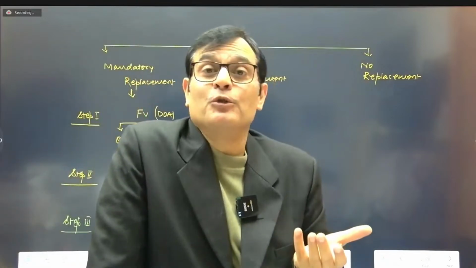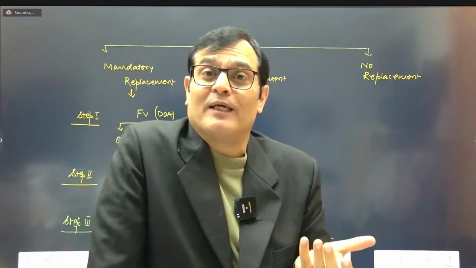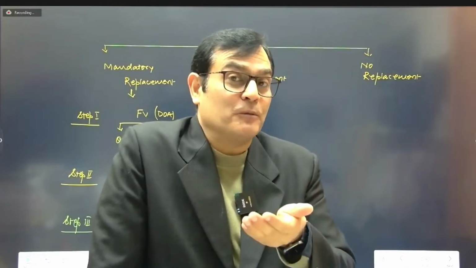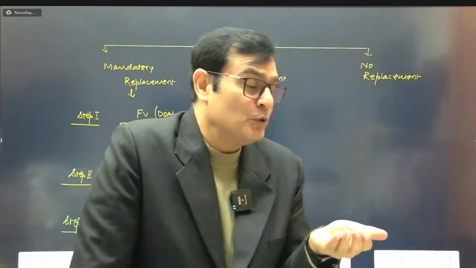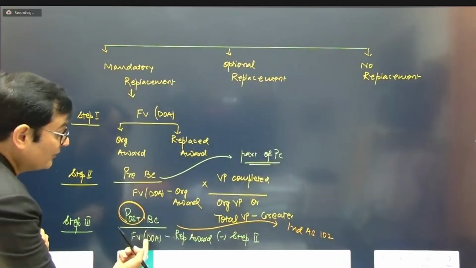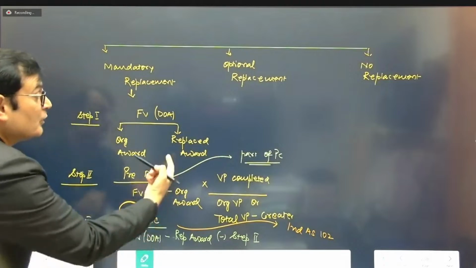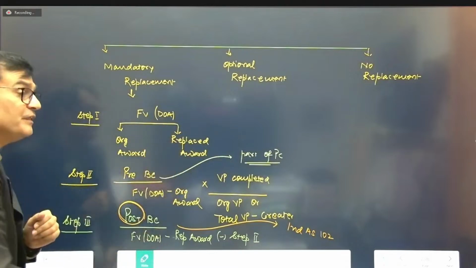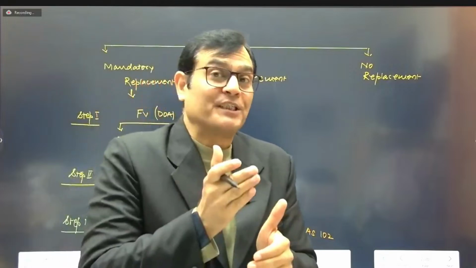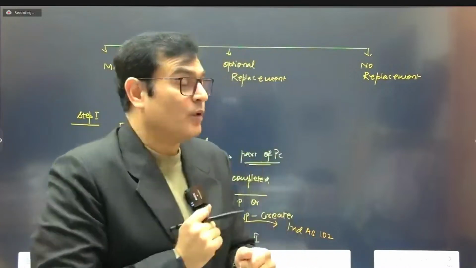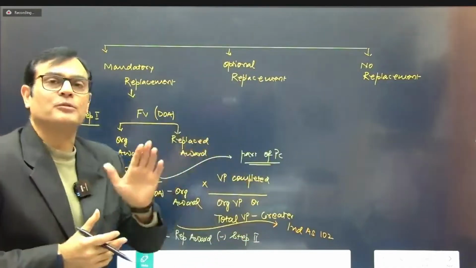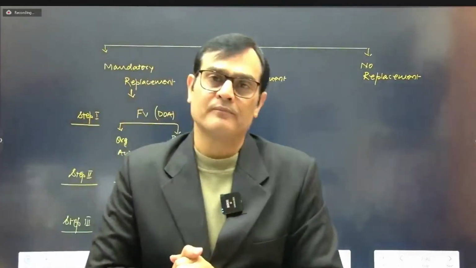But at the end of the day, you need to account for the entire fair value of the replaced award. So you've already accounted for the previous portion in step number 2. So what do you need to do? You need to consider the balancing figure for the post. When you consider a balancing figure, you need to account for the fair value of the replaced award minus what you've taken in step number 2. The rest of the portion is going to be accounted under 102.